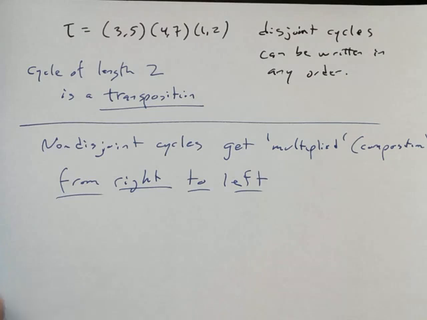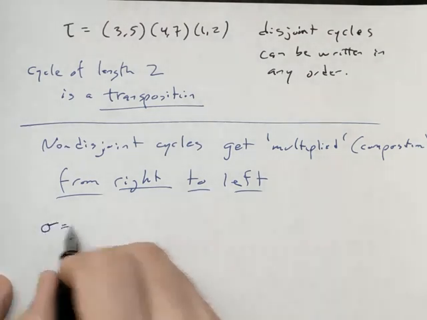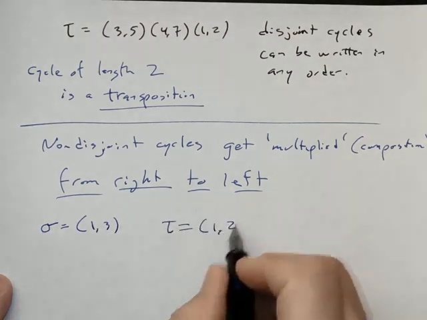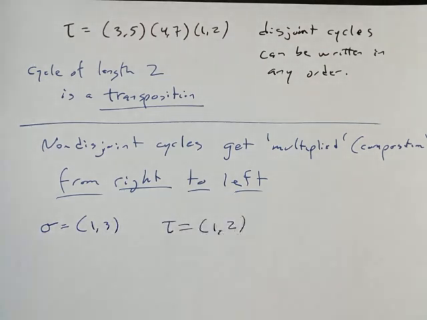Here are 2 transpositions. And I'm just going to say these are both in S3, so there are no numbers 4 or bigger that I need to worry about at the moment.